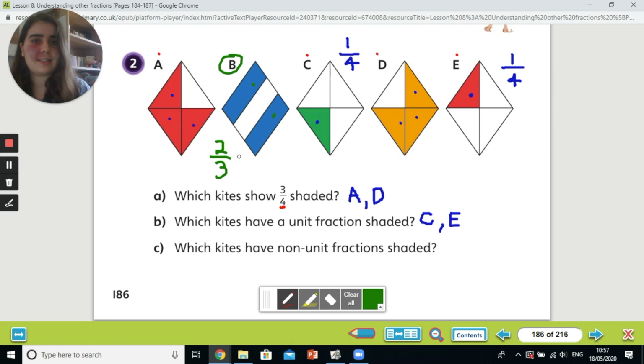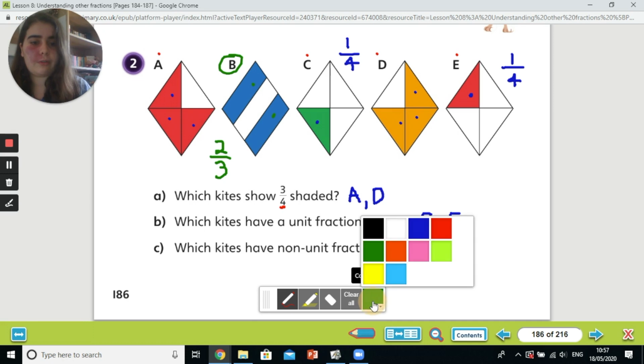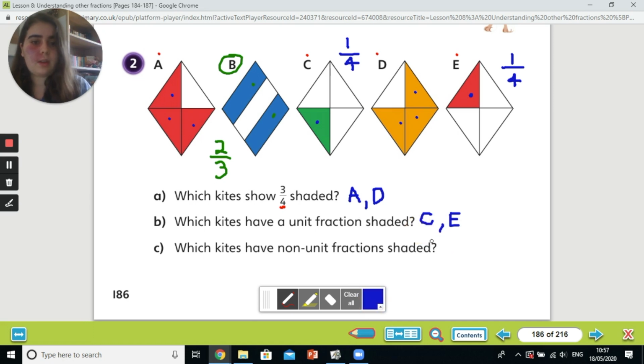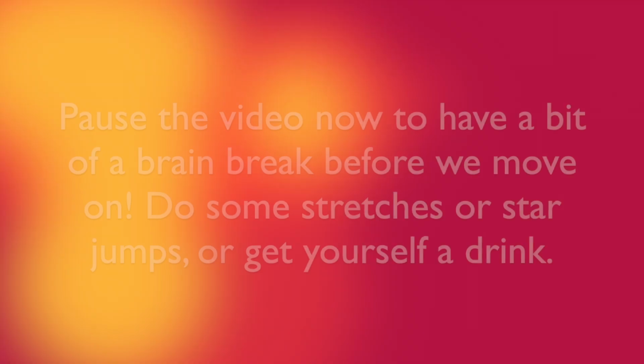Which fraction is this? 2/3. And we know that's a non-unit fraction because our numerator, our number of parts that have been shaded, is more than 1. So the kites that have non-unit fractions shaded is just kite B, all on its own. Have 2 house points if you got any of those correct.